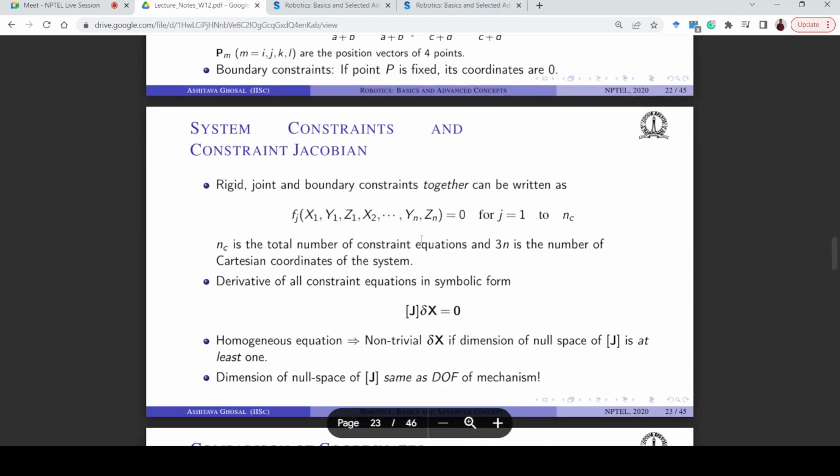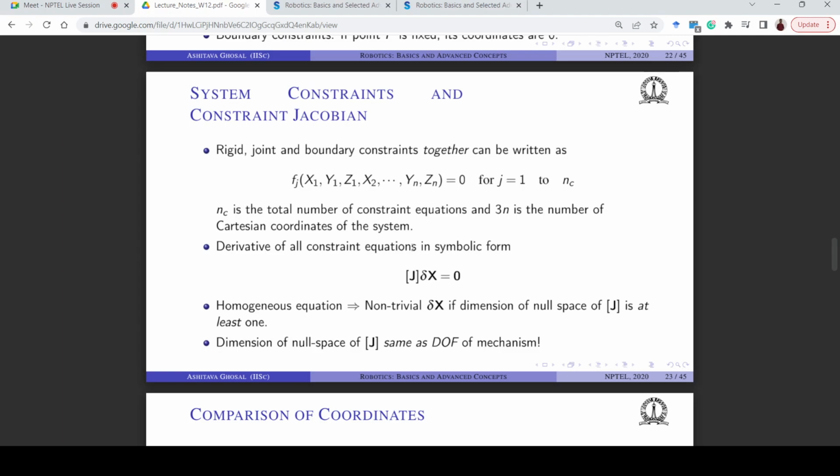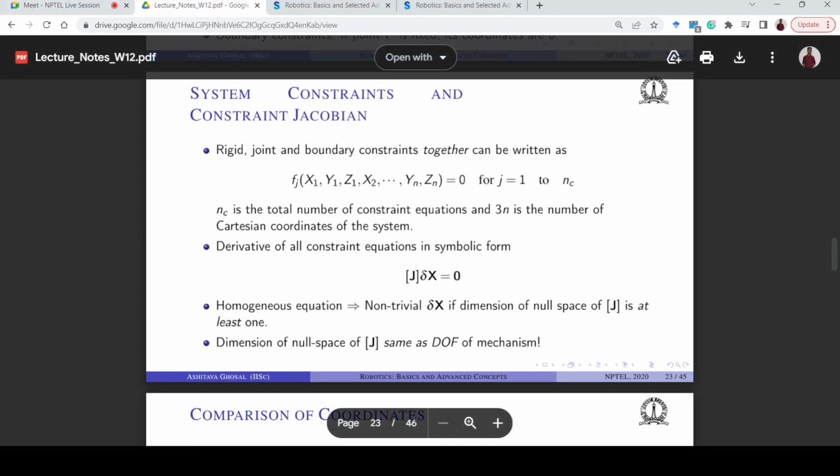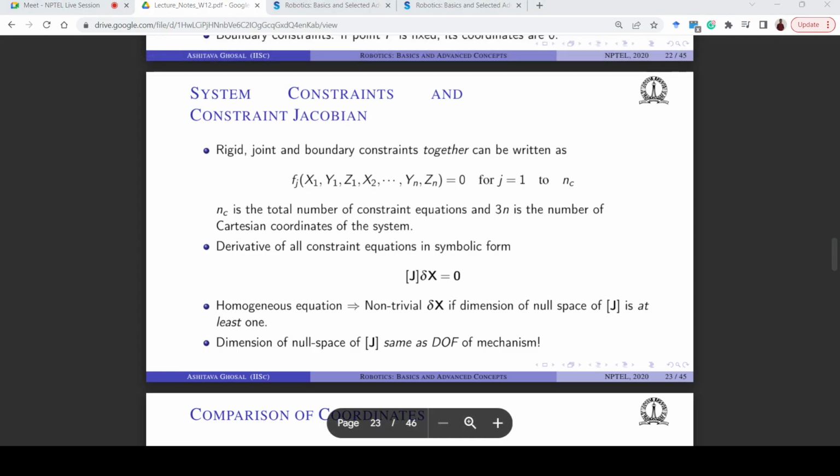Then, when you need to find the Jacobian, and why find the Jacobian? Because they're trying to find the degree of freedom.